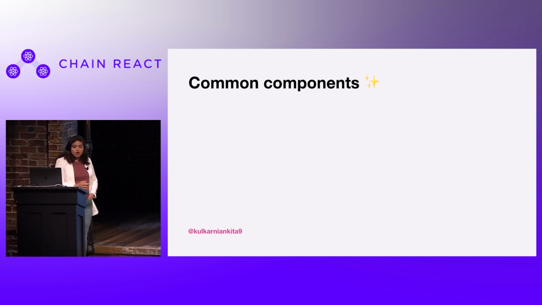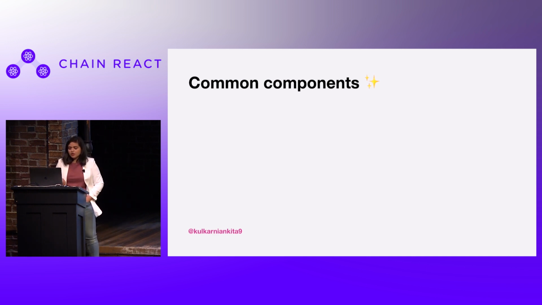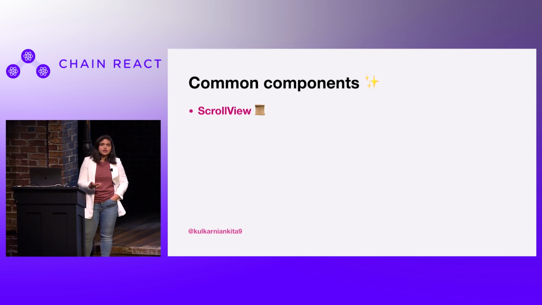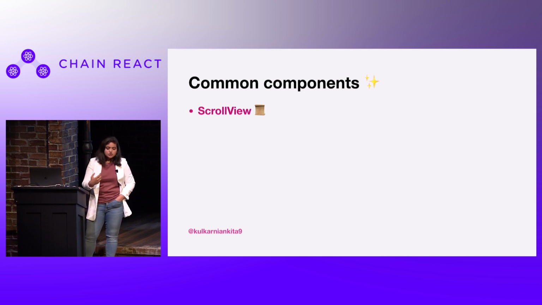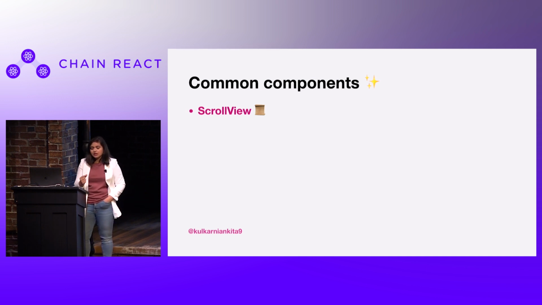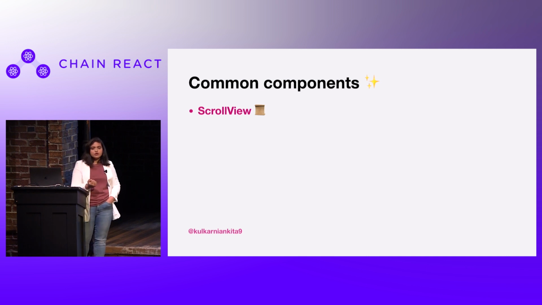Also, we built a lot of common components up front, so that we could use them consistently. One of the popular ones was scroll view, because we really needed to consider how scrolling is going to impact a mobile app, especially in terms of snapping, list views, tab views, and so on.